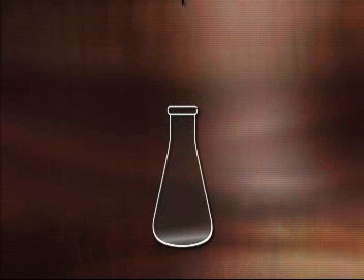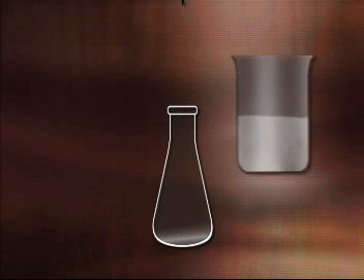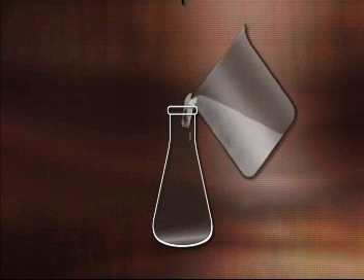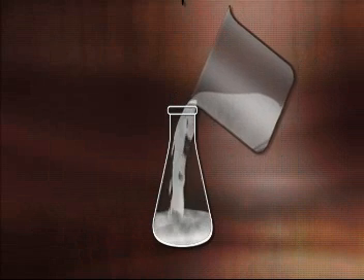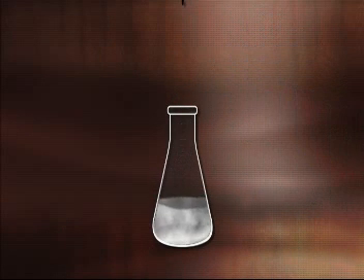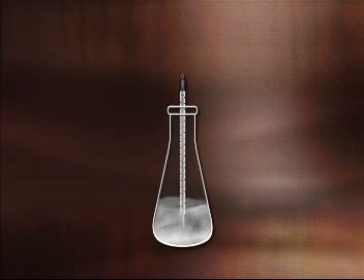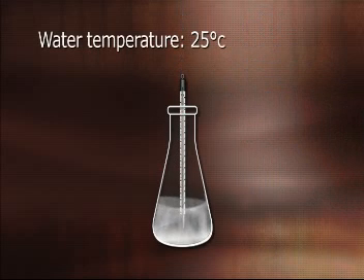We begin by pouring 50 milliliters of water into an Erlenmeyer flask. We place a thermometer into the flask so we can measure and record the initial temperature of the water.